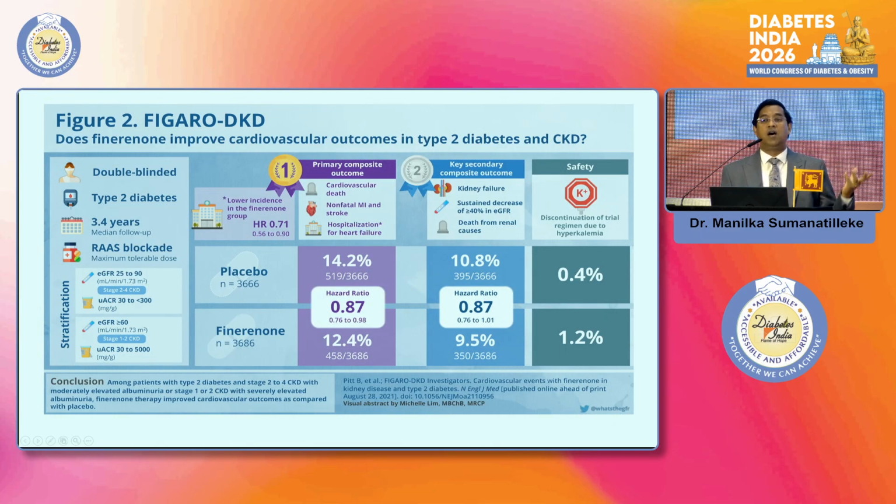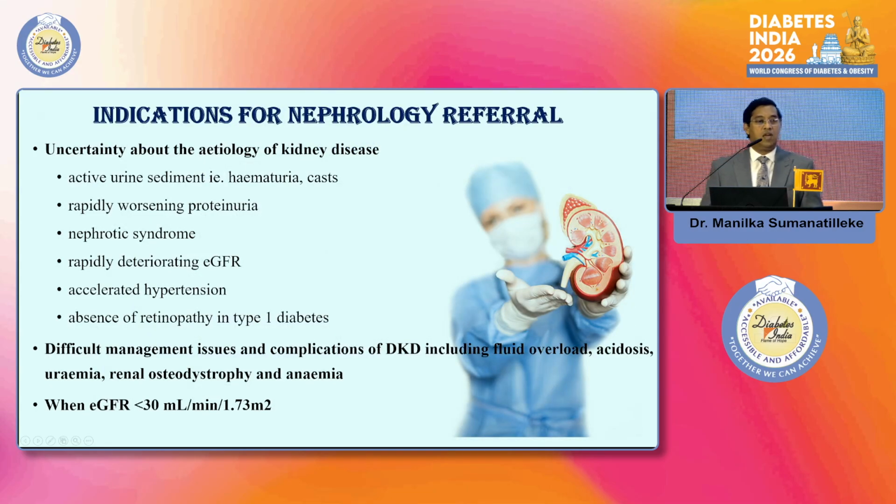And the Figaro DKD study shows that there is cardiovascular reduction in type 2 diabetes patients with CKD when you are using this medication. So have an approach or availability of the newer agents, which should be helpful in reducing the overall cardiovascular and the renal risk in your patient.